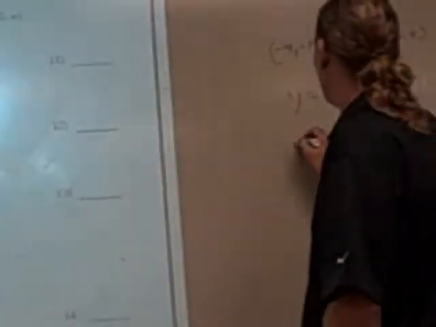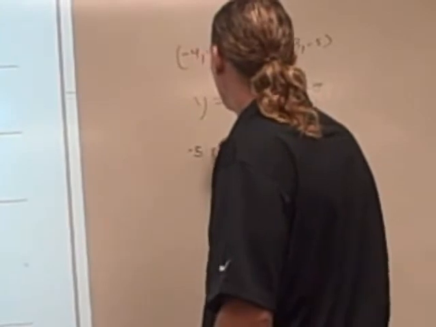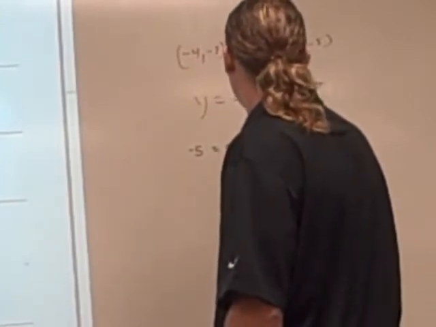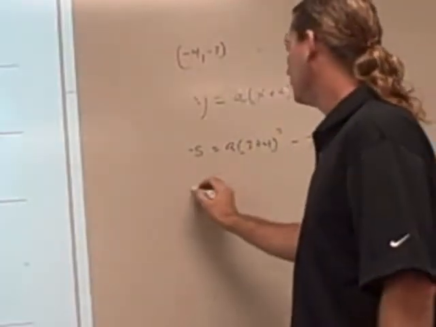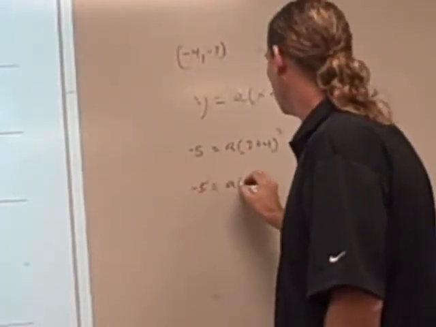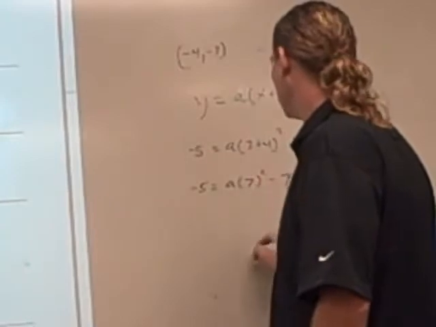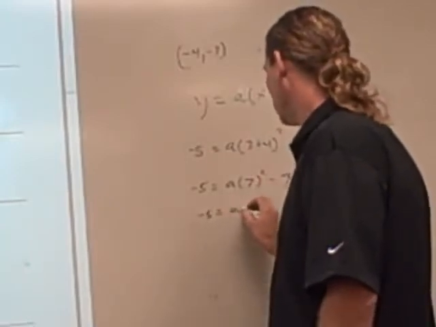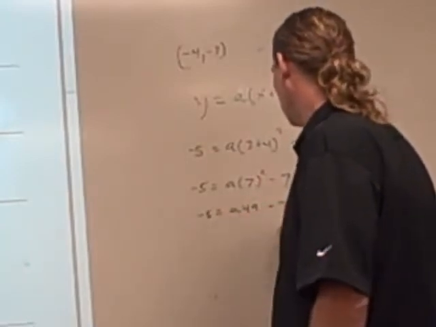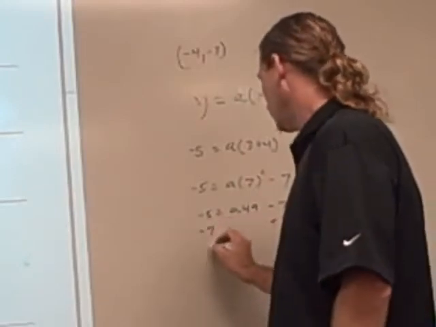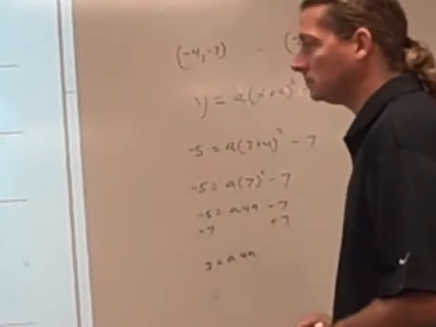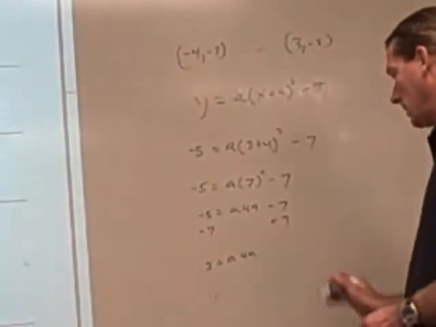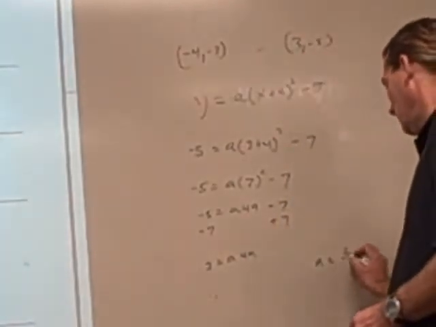Now, we have this point here, 3, minus 5, so minus 5 is equal to a times 3 plus 4 squared minus 7. So a is equal to 2 over 49.